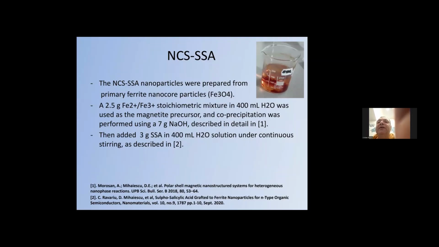The nanoparticles were prepared from primary ferrite nanocore particles, and the solution is presented in this picture in the left corner.